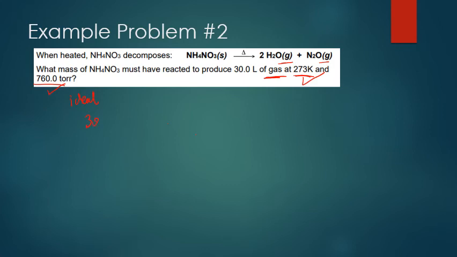So I could take the 30.0 liters of the gas, and I know that there will be 22.4 liters of the gas in 1 mole of the gas. And now I can say that I have 3 moles of the gas, again 2 moles of the water plus 1 of the N2O, dinitrogen monoxide, and I have 1 mole of the ammonium nitrate.